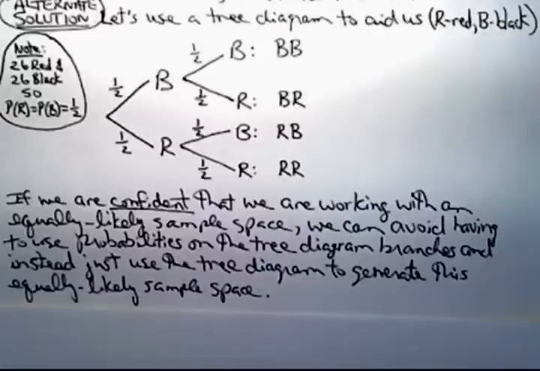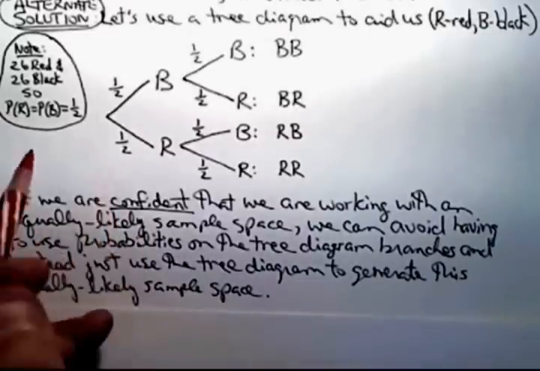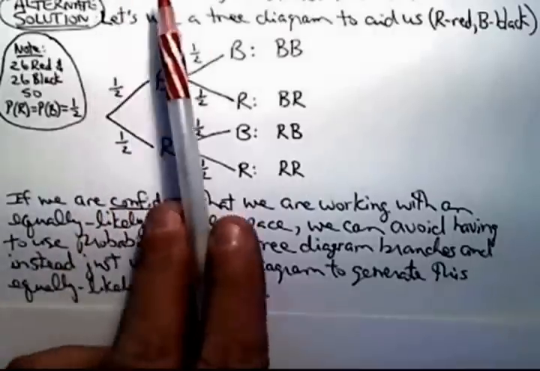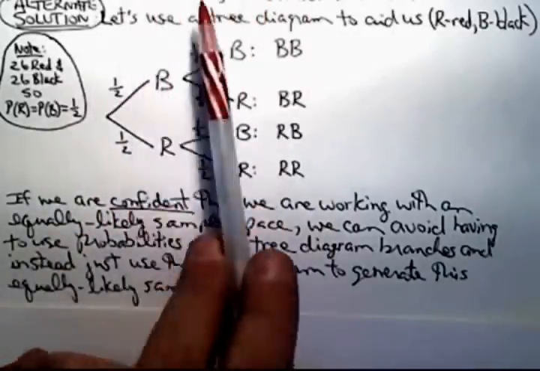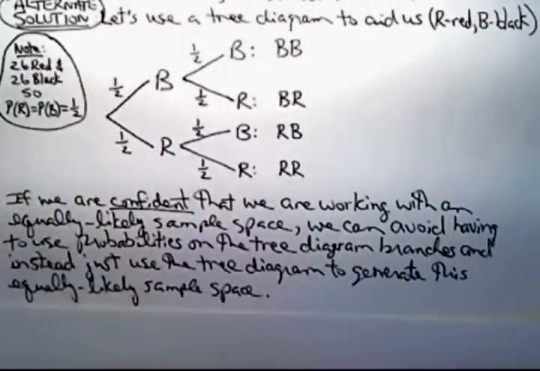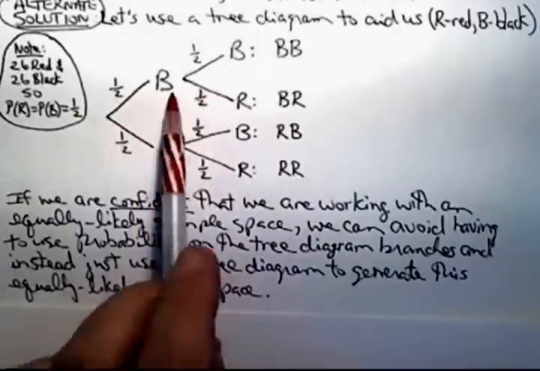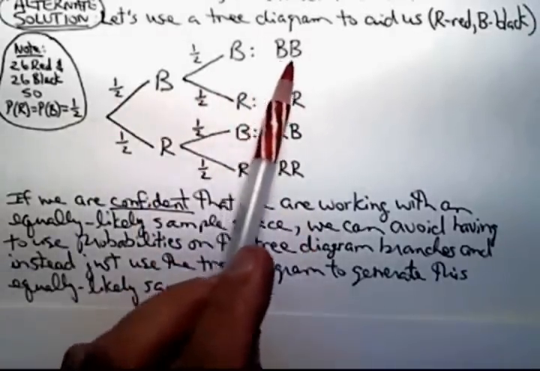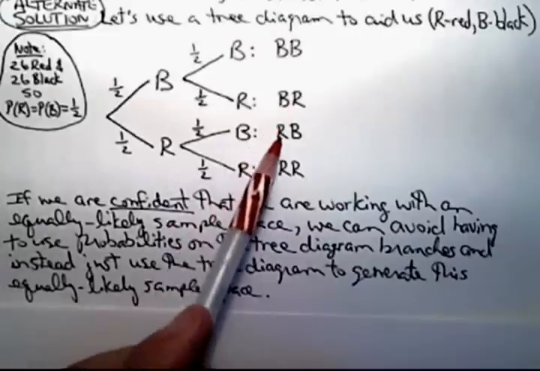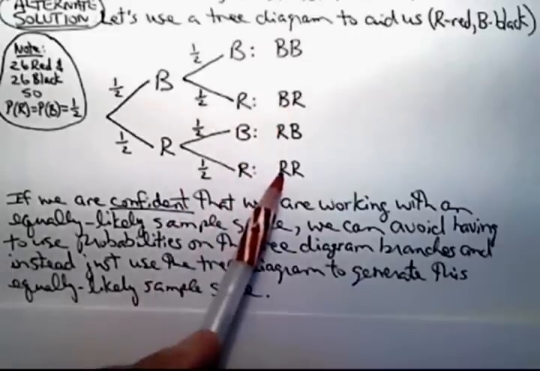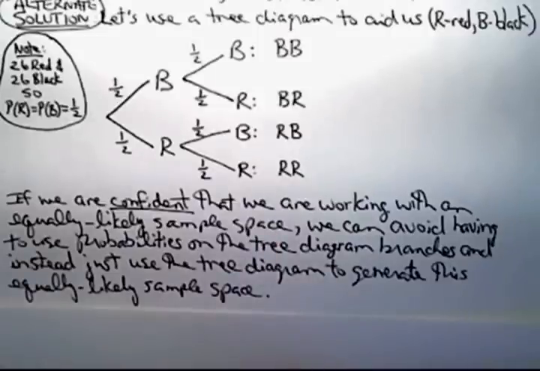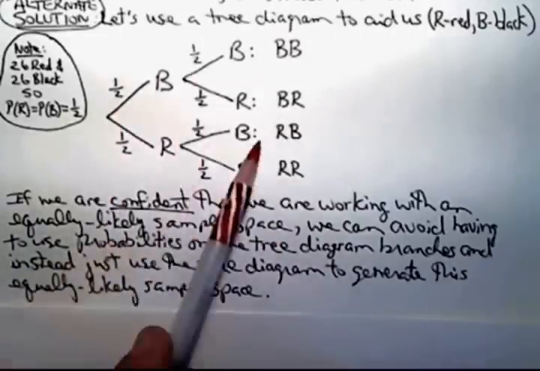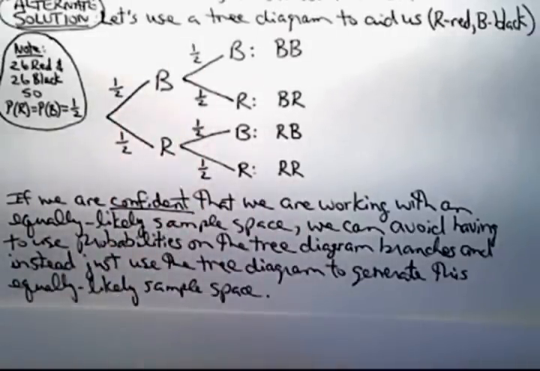So, whereas before I went in and generated these probabilities, if I can convince myself, because there are the same number of black cards as there are red cards and I'm drawing with replacement, that the probabilities are all going to be the same, that's going to generate an equally likely sample space. So it's just as likely that I'm going to get two blacks as a black followed by a red, or a red followed by a black, or a red followed by another red.